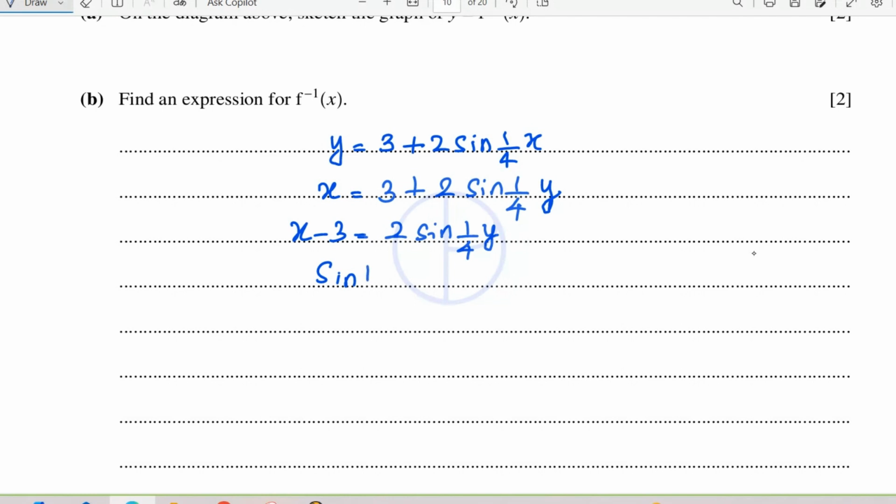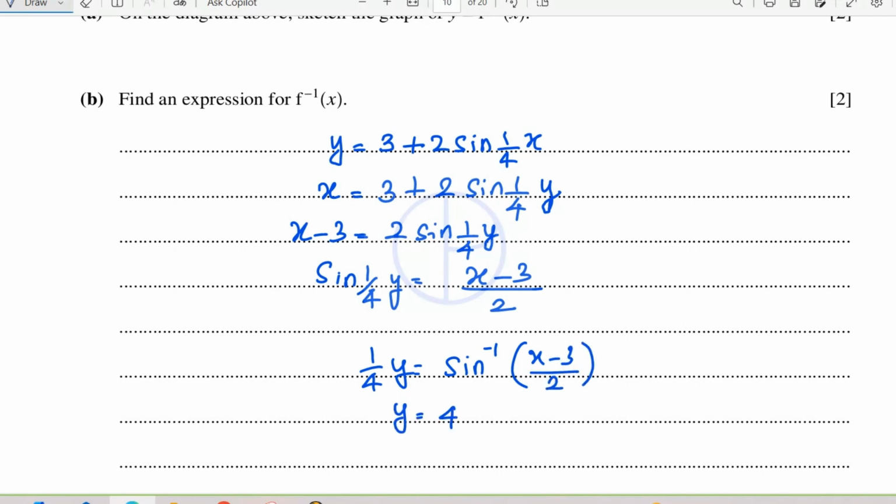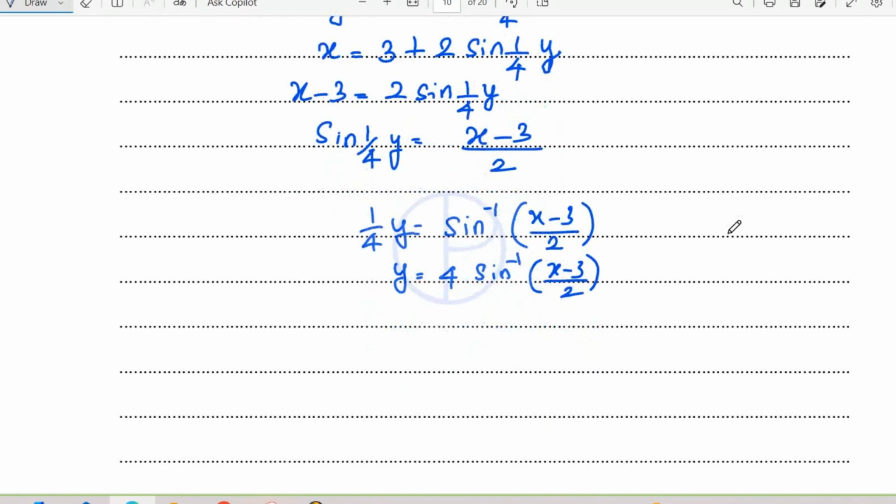So sine 1 over 4 y is equal to x minus 3 divided by 2. 1 over 4 y is equal to sine inverse of x minus 3 divided by 2. So y is equal to 4 sine inverse of x minus 3 divided by 2. Now replace y by f inverse of x. So f inverse of x equal to 4 sine inverse of x minus 3 divided by 2.